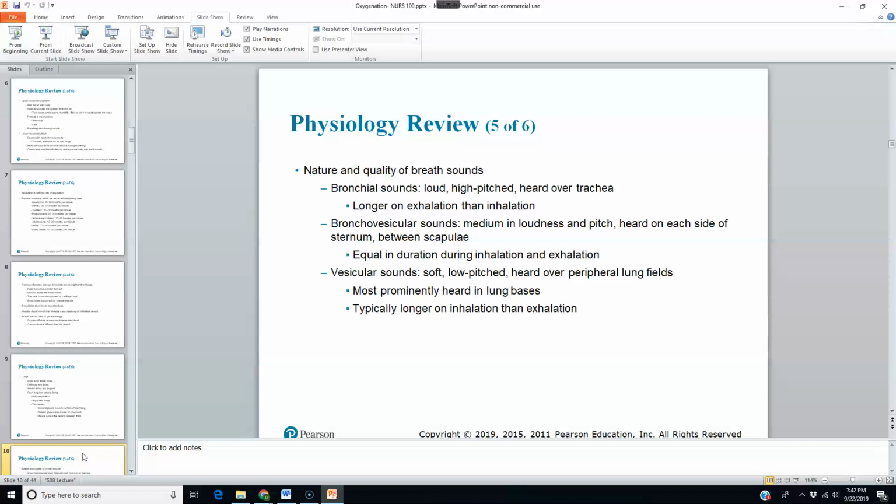The right lung has 3 lobes, and of course the left lung has 2 lobes, all right? The inferior lobes are the largest. Inferior means they're the ones at the bottom of the lungs, okay?